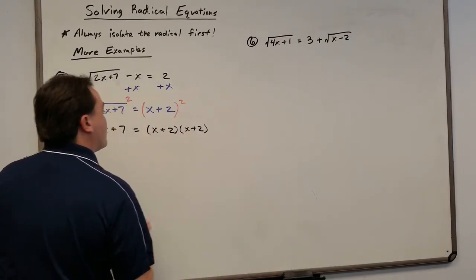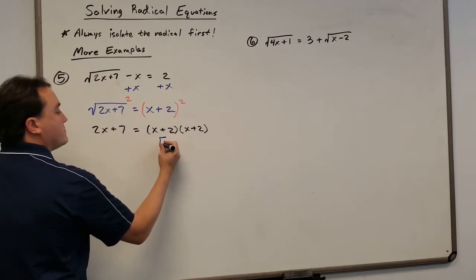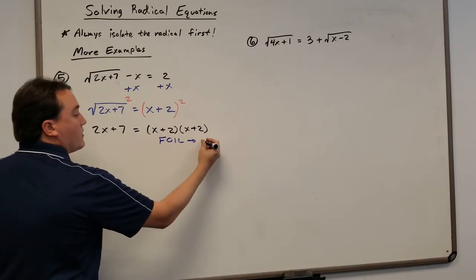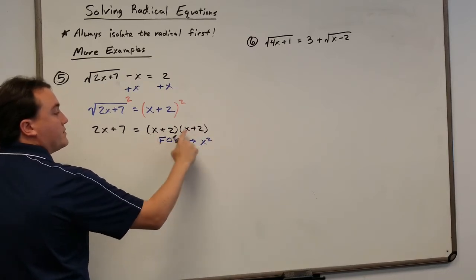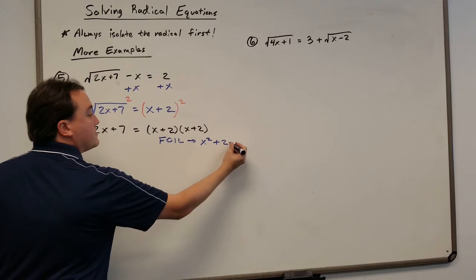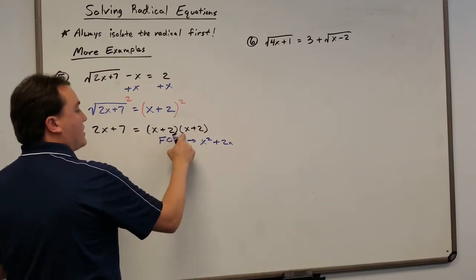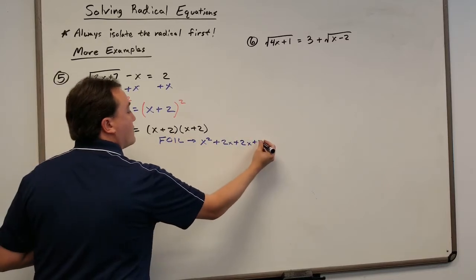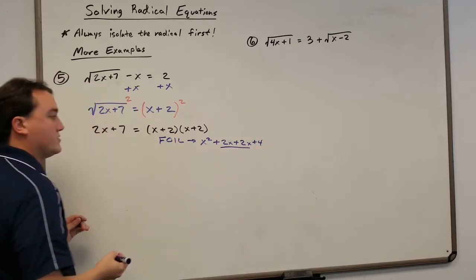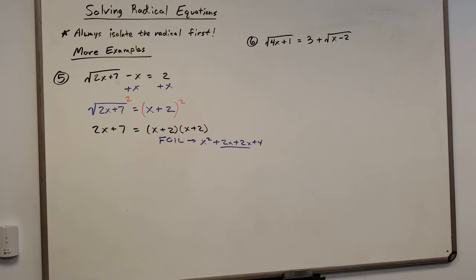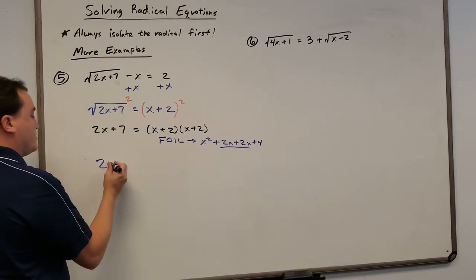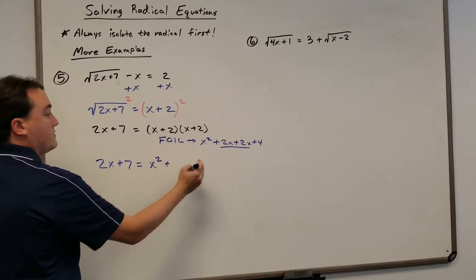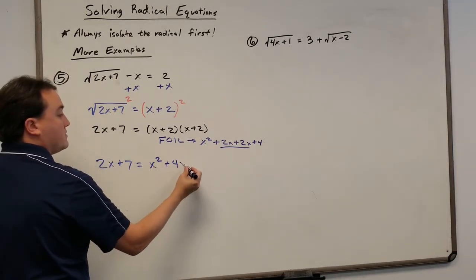So we FOIL, and we get x times x is x squared, x times 2 is 2x, 2 times x is 2x, and 2 times 2 is 4. So we can add like terms when we FOIL. So the equation becomes 2x plus 7 equals x squared plus 4x plus 4.